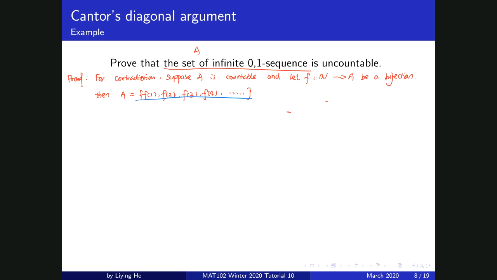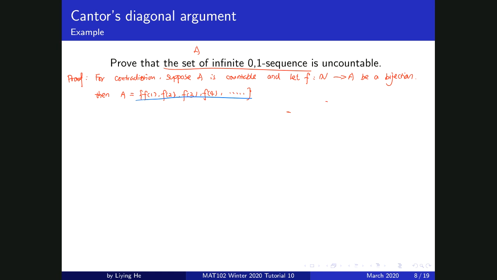I want to find a new infinite 0, 1 sequence that is not from the set A. Since we know that A contains all such infinite 0, 1 sequences, and it's a bijection, we cannot have any sequence that's not from A. But right now, I want to find a new sequence that's different from all the sequences in this. In that case, I can show that F is not a bijection because it's not surjective. So that's the logic here.